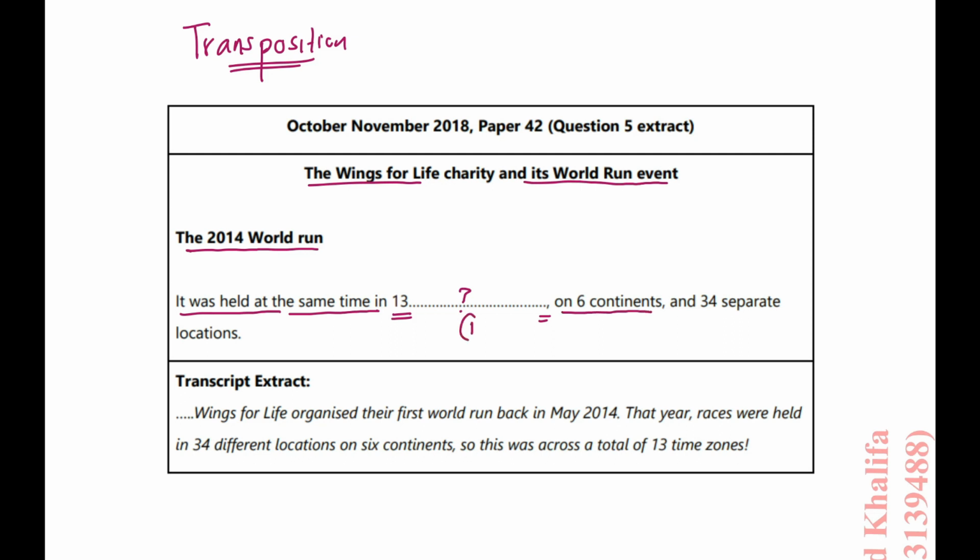So this is 1, 2, and 34 separate locations, 3. And as you can see here, something is missing, as we said. On 6 continents is a noun. 34 separate locations is another noun. This is very common in ESL listening questions, particularly where the question includes several ideas separated by commas. So we have a listing here.